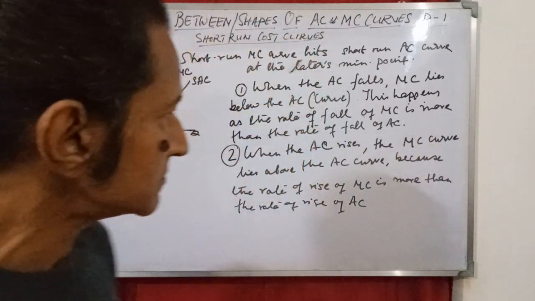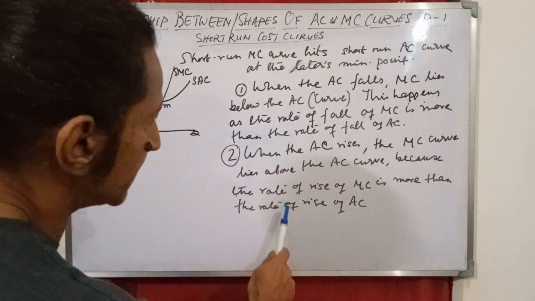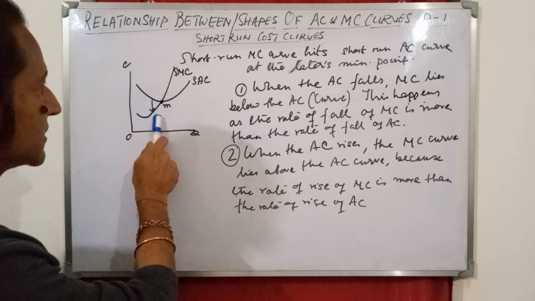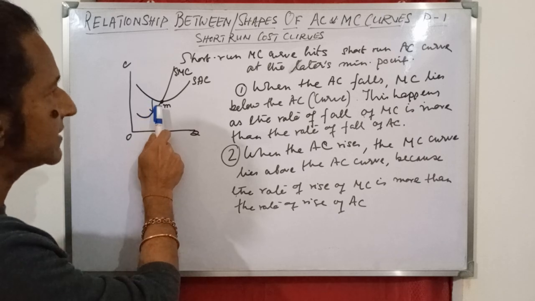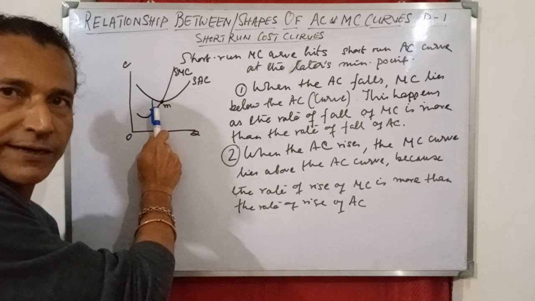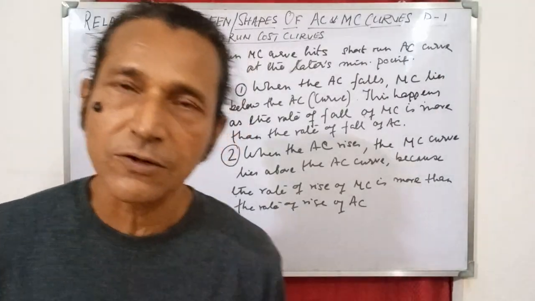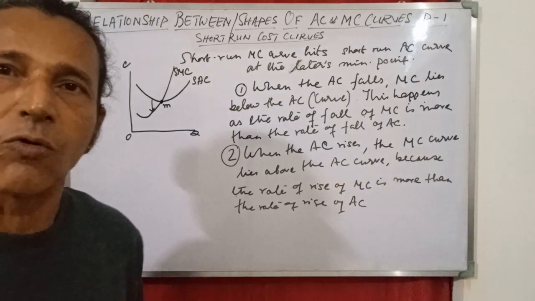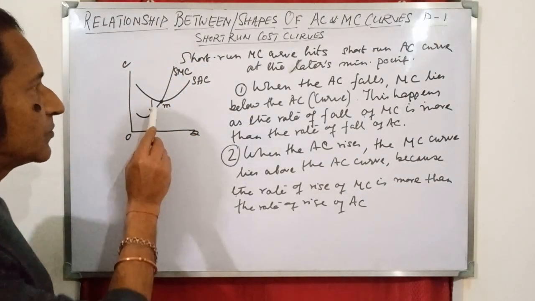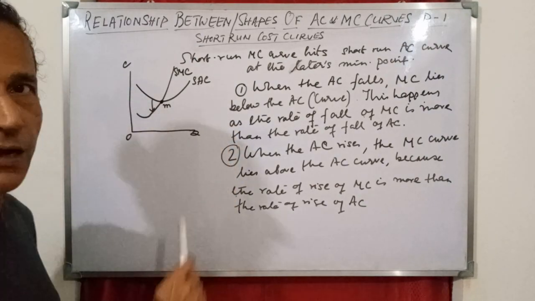If these two hypotheses are to become true, then the marginal cost curve must intersect the average cost curve at the latter's minimum point. There is no other point on the average cost curve where the marginal cost curve can intersect other than the lowest point of SAC, if these two hypotheses are to be true.